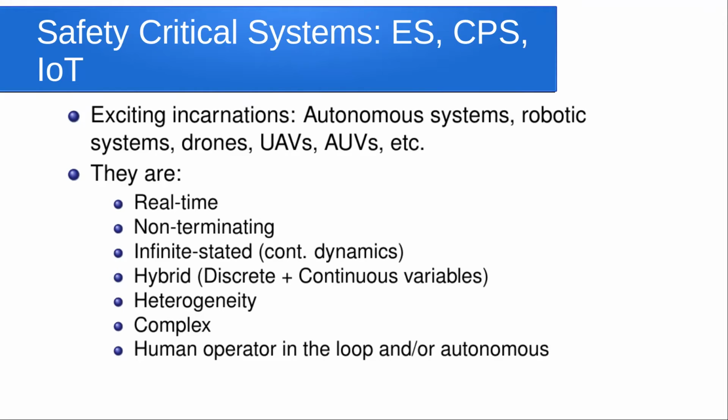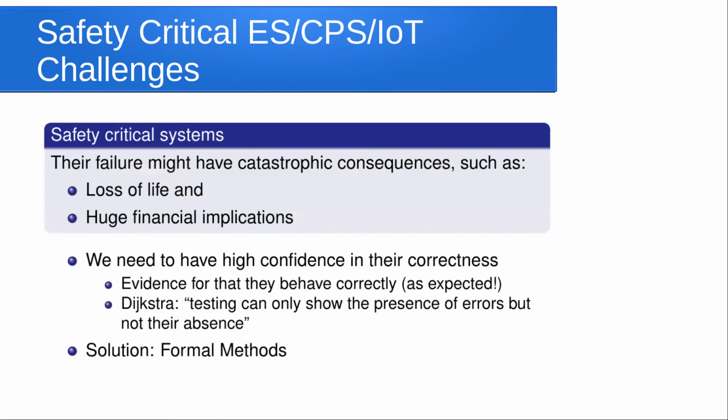As a simple rule of thumb these days, because of the increased demand on functionality, though more and more hardware capability is coming into the picture, the complexity of the overall final solution is increasing more and more with every day of progression. Most of these systems do involve a human operator in the loop, and certain systems might be completely autonomous, where there is no need for a human operator.